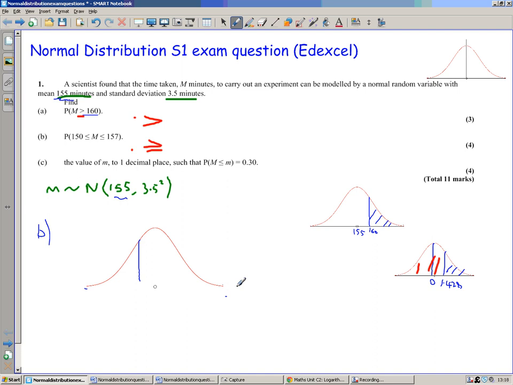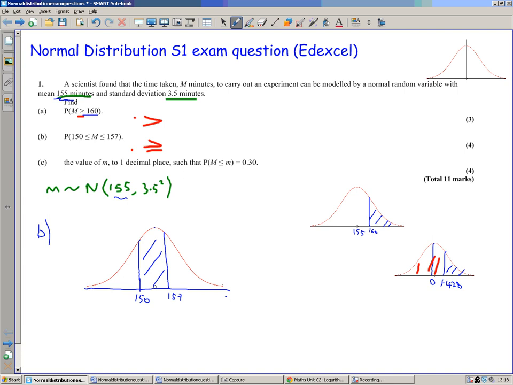Unhelpfully, it's not equally spaced though, because this one's 5 away from the mean, whereas this one's only 2 away from the mean. So we call that 157 just slightly above halfway, and 150. So we've got to work that area out.